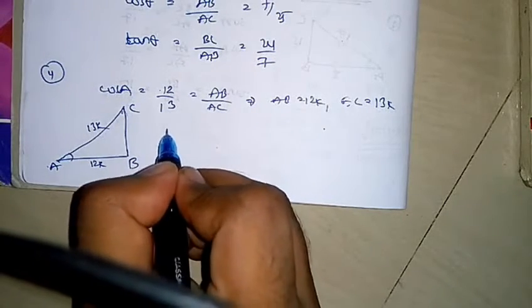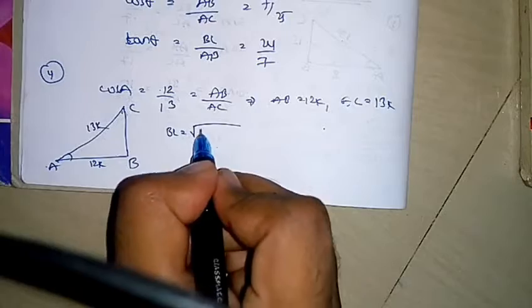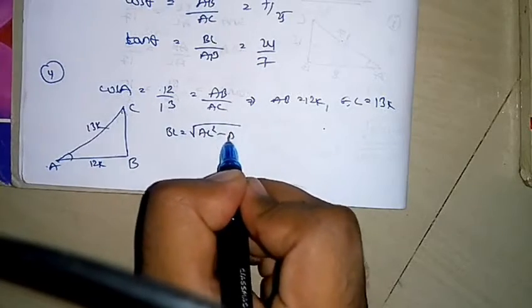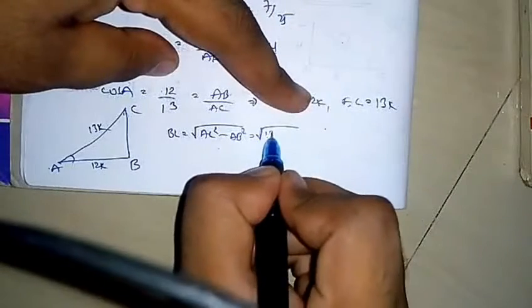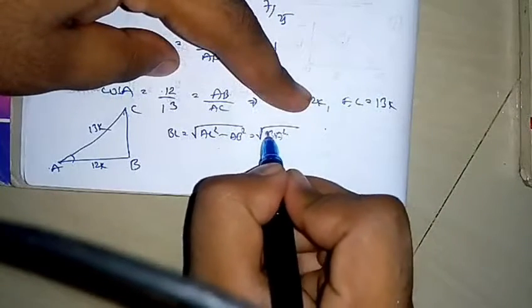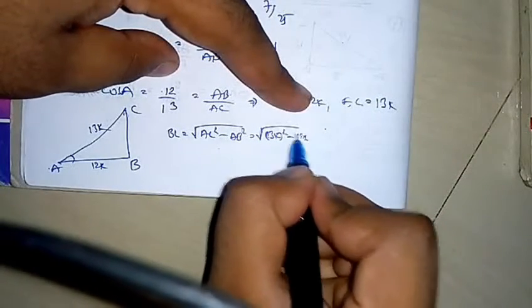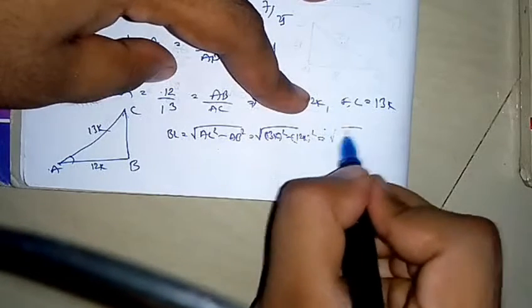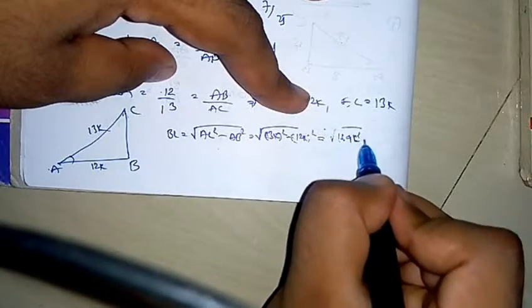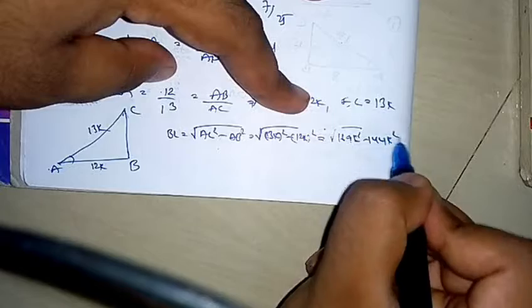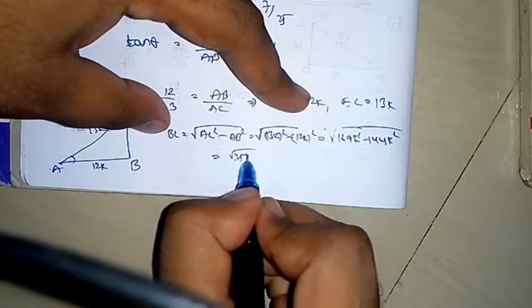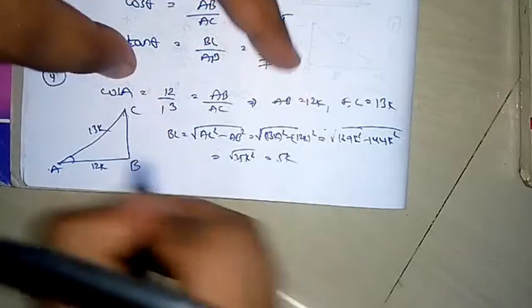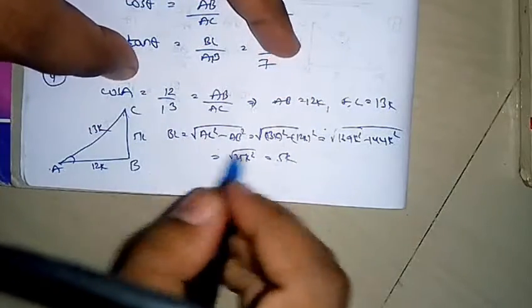Using Pythagoras theorem, BC will be the square root of AC square minus AB square, which will be equal to 13K whole square minus 12K whole square, which is 169K square minus 144K square, which is root 25K square, equal to 5K. So this side is 5K.